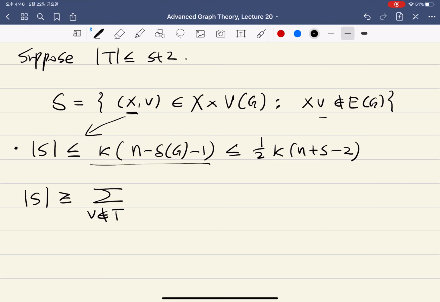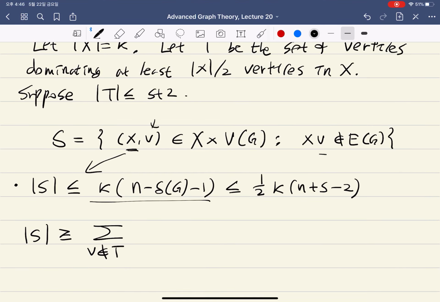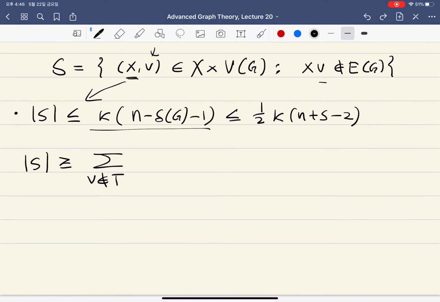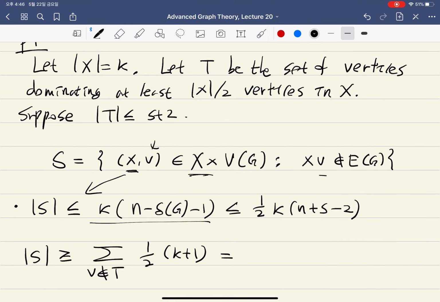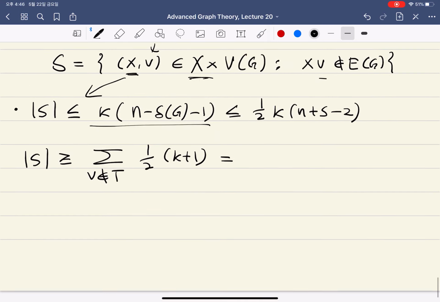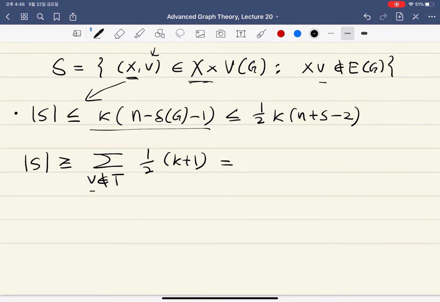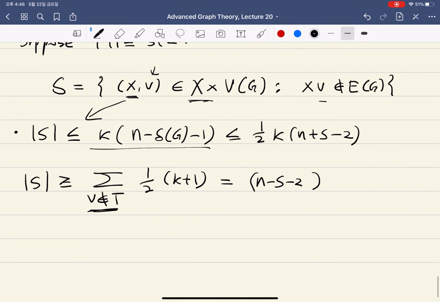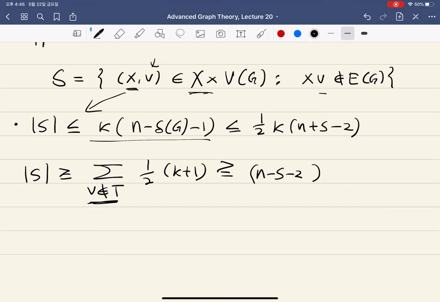For each v which is not in T, it has more than this many non-neighbors in X. So you can add half times k plus 1, many choices of x where v and x are not adjacent and x lies in capital X. And you just assume that T has size smaller than s plus 2, so you can add up all vertices not in T, which is n minus s minus 2 at least, and each time you take half k plus 1.